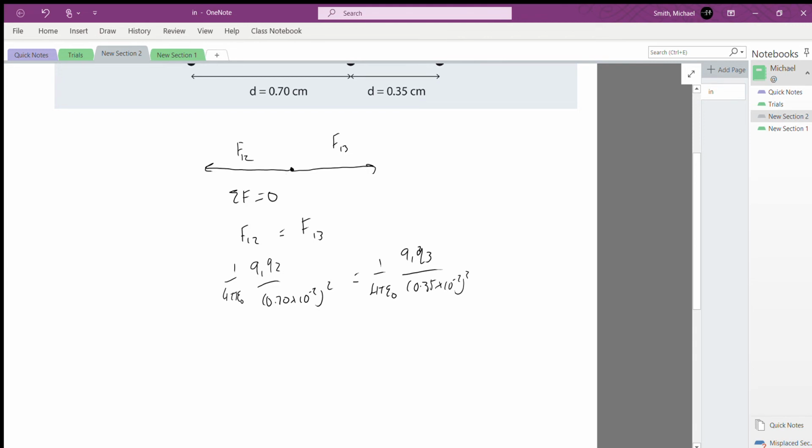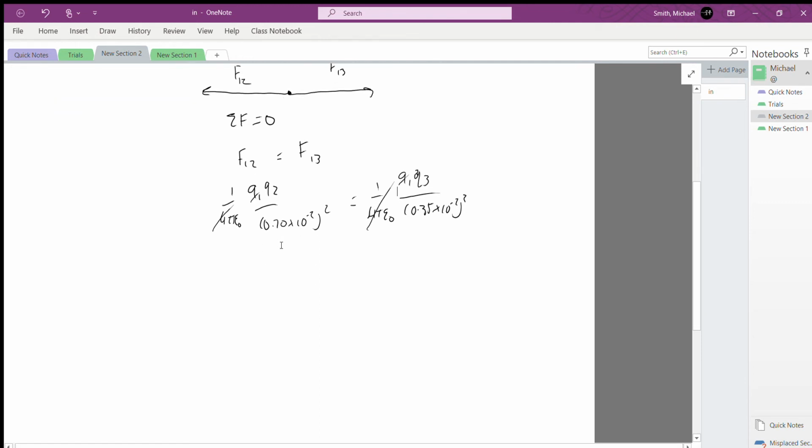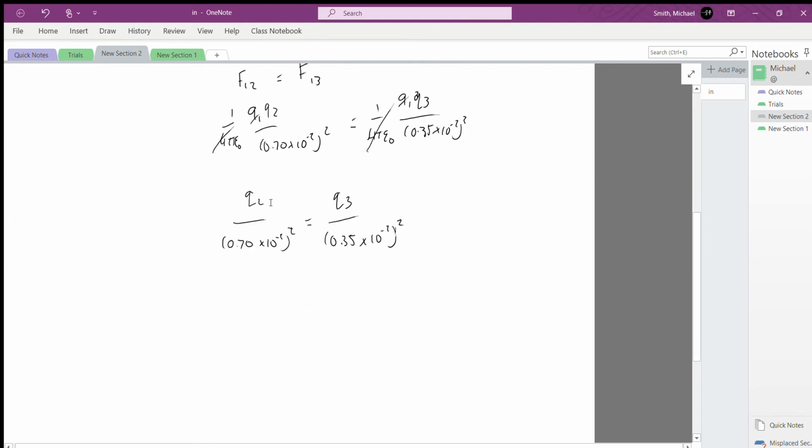So here we get a lot of cancelling out occurring. The 1 on 4 pi epsilon naughts cancel out, the Q1s cancel out, so essentially we have Q2 on 0.7 centimeters squared equals Q3 on 0.35 centimeters squared.